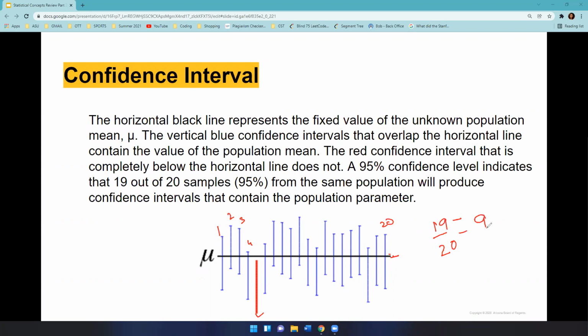So we'll have almost 95% confidence that our samples are as close as the population. This is where the confidence interval comes in, or the alpha value, or 95%, or 0.05 as the alpha value. So this is all about confidence interval.